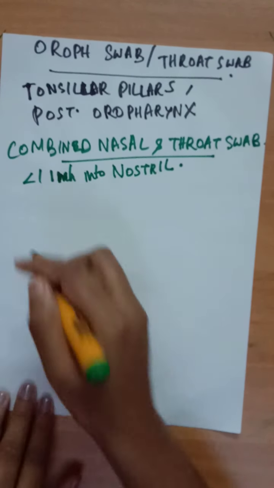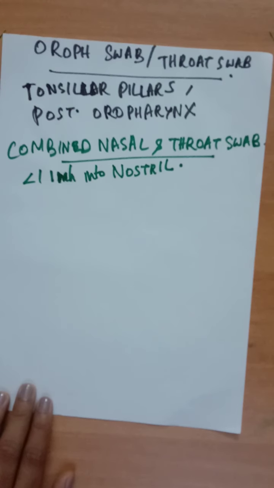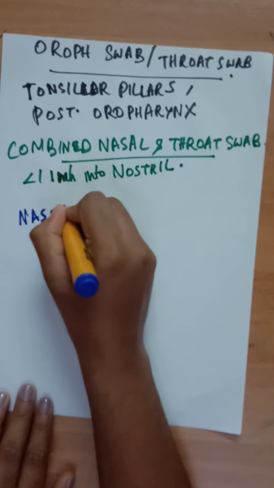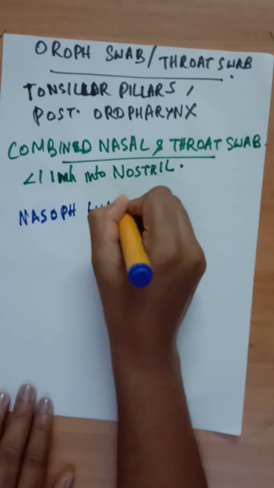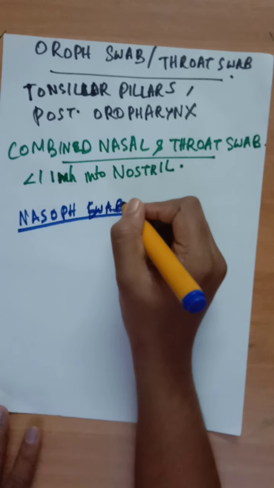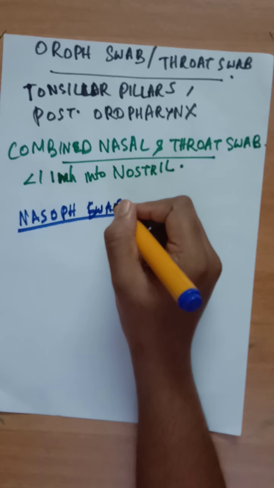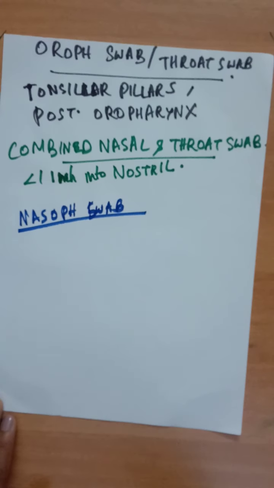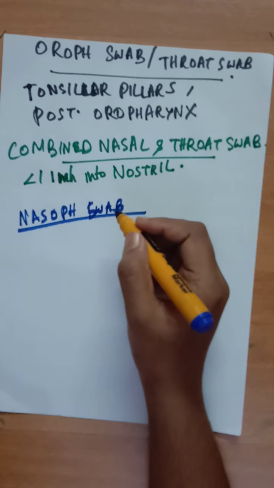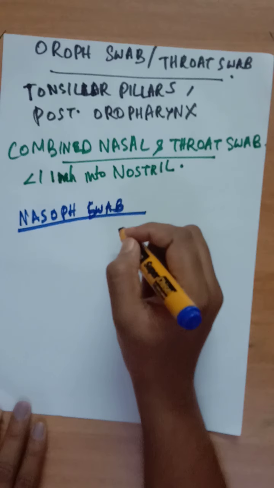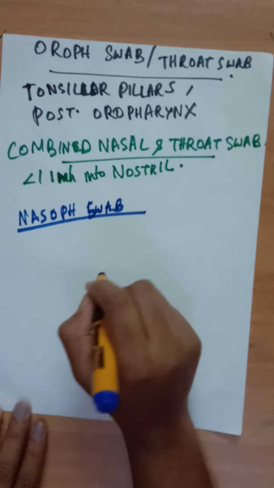Then for the nasopharyngeal swab, same, tilt the patient's head back 70 degrees and insert a flexible swab through the nares parallel to the palate, not upwards, until resistance is encountered or the distance is equivalent to that from the ear to the nostril of the patient.